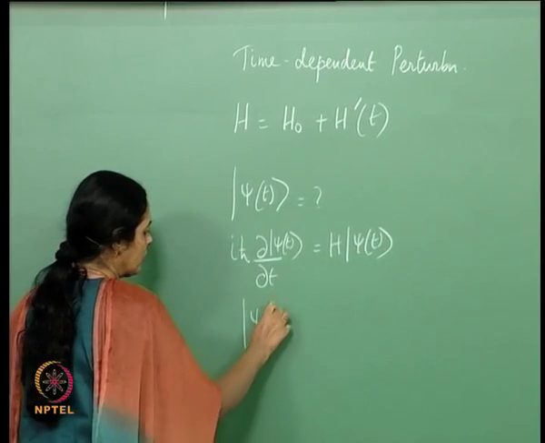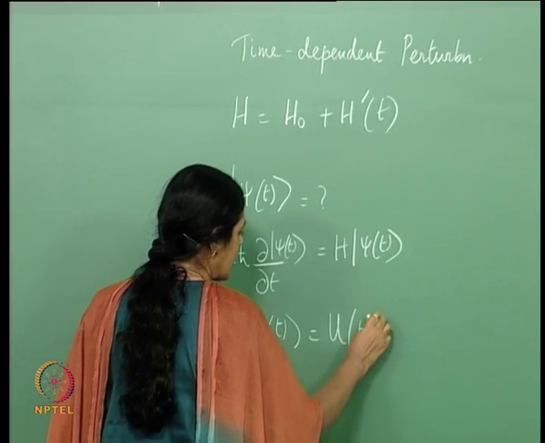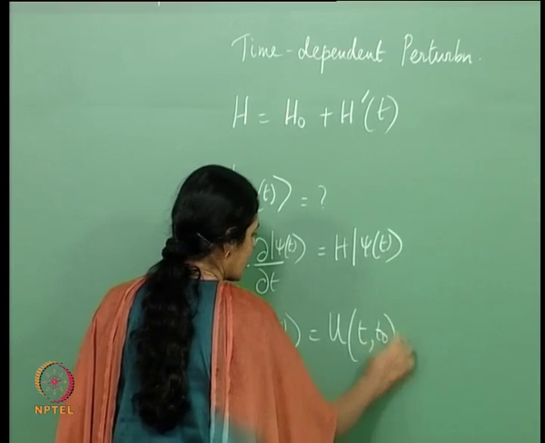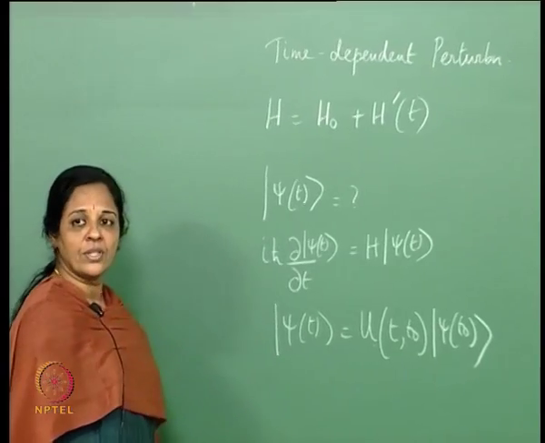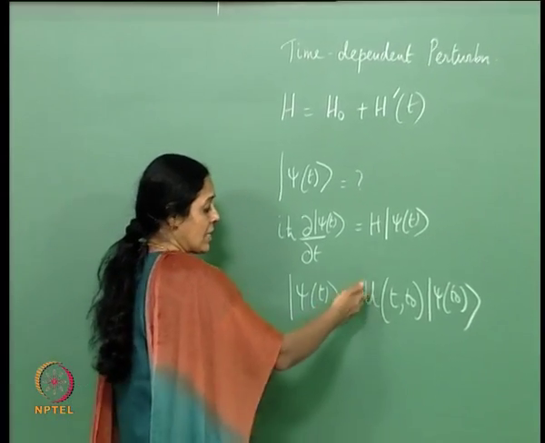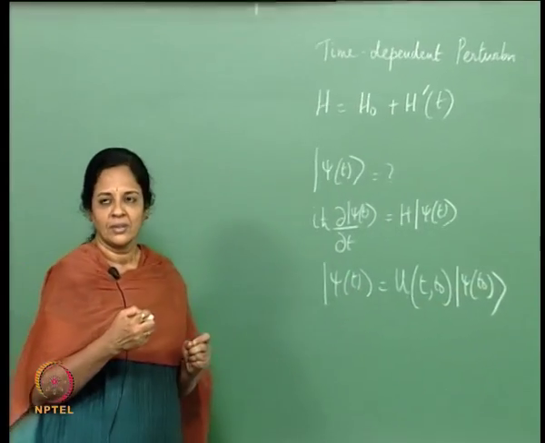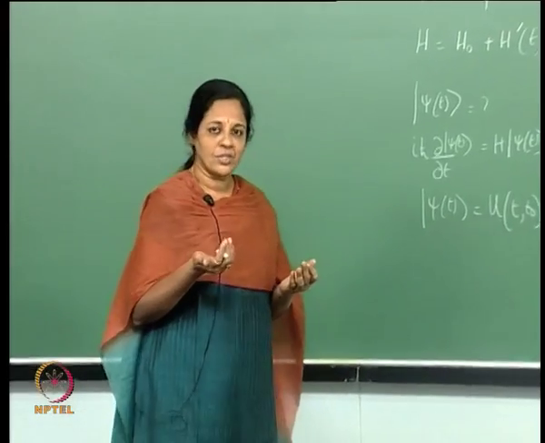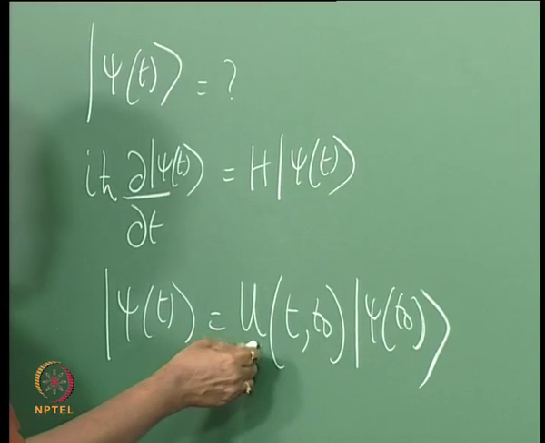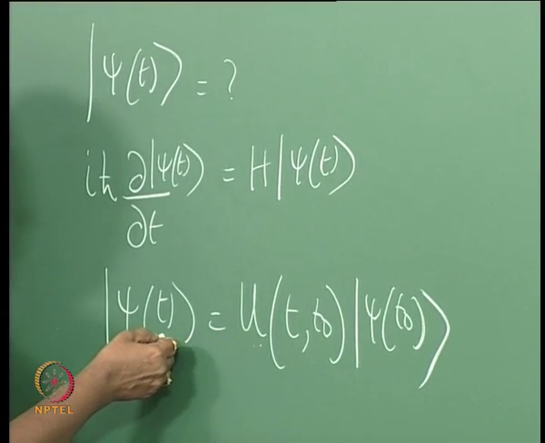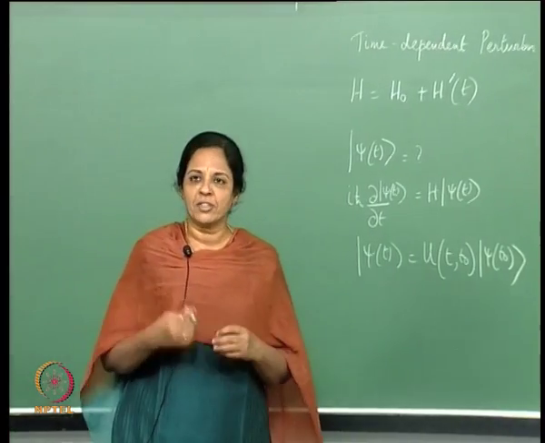The general solution of course would be U of t comma t naught psi of t naught, where U is a unitary operator. I will call it the time evolution operator, and psi of t naught was the initial wave function, the initial state of the system that was given to us. So of course you need to find out U in order to find out psi of t given psi of t naught. And then you know the wave function at time t.